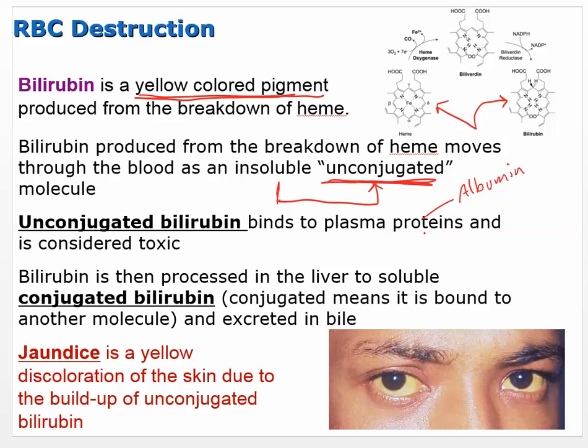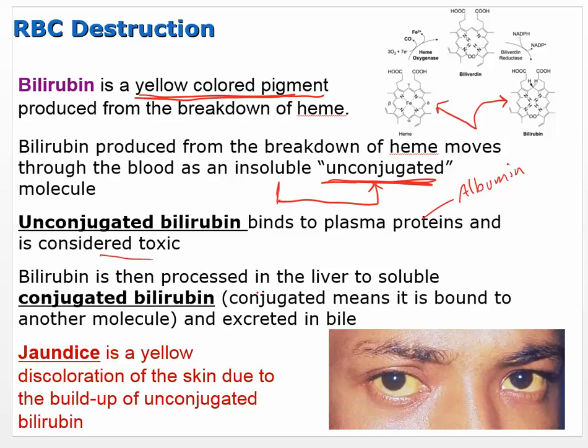It's still not soluble, so it might stick to these albumin protein molecules. And it's considered toxic. So when it can't do that, and it gets to an increased level, it can actually cause problems in the nervous system. And so that's why we want to be able to control our bilirubin levels.